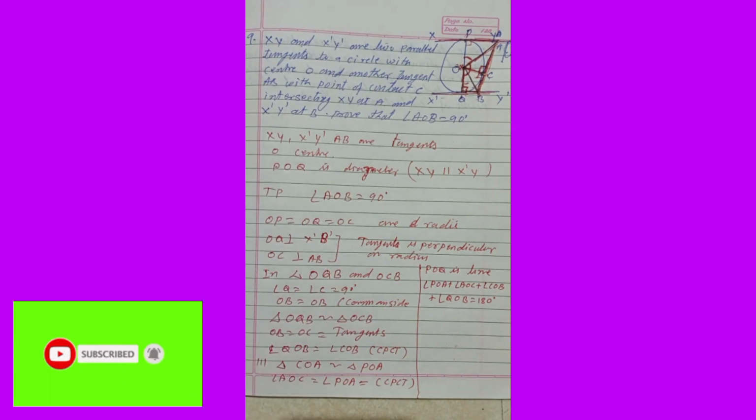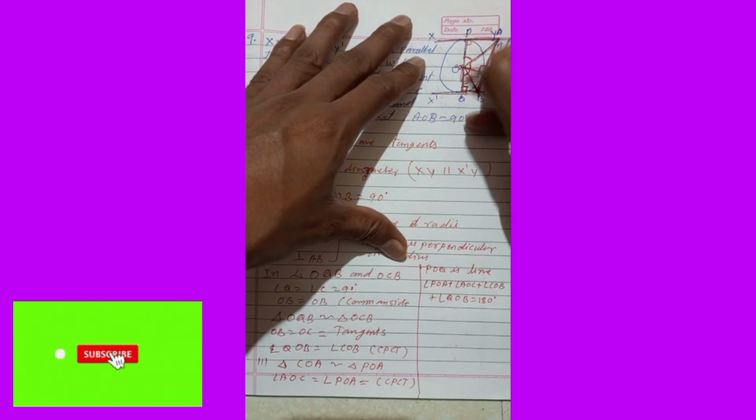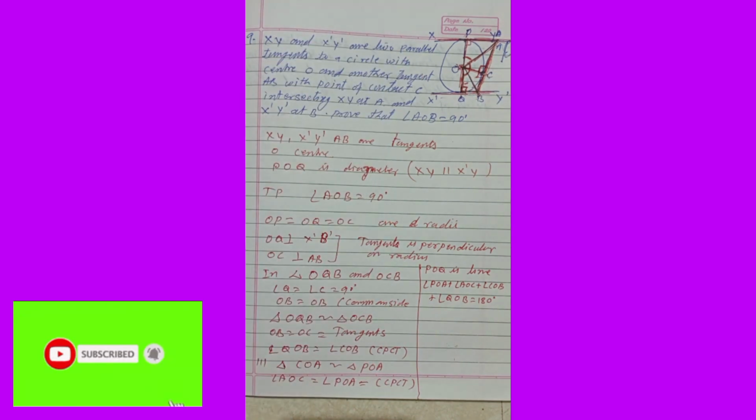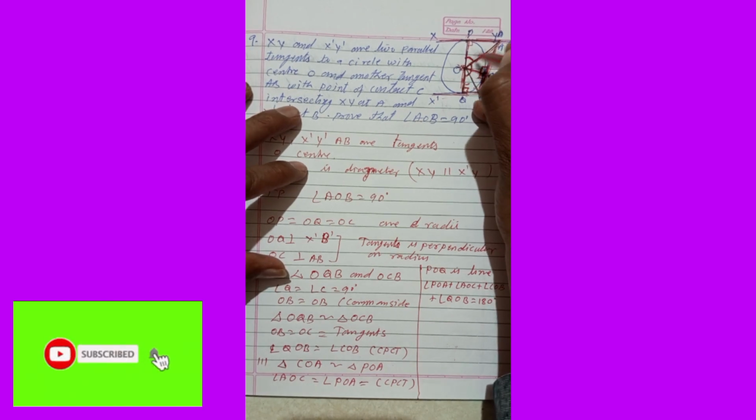Why? Because all of these are on a line. Now we know this angle is equal to this angle, means angle POA.